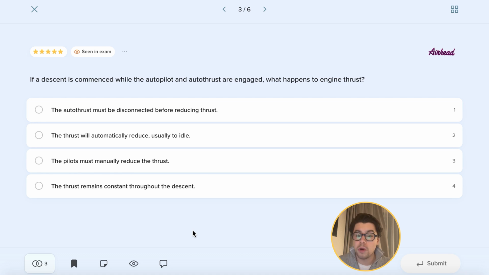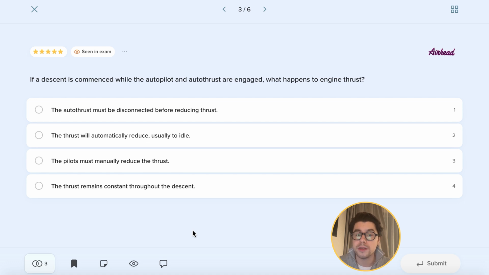And this will call for a constant airspeed. Now, because our thrust is reduced, the nose will start pitching down in order to maintain a given or a set airspeed. We can also increase the vertical speed in these cases by extending drag devices such as speed brakes, or in some crazy conditions such as emergency descents, we can also extend our landing gear.